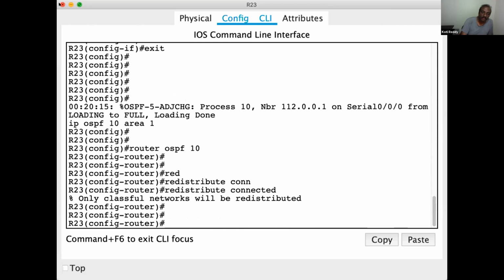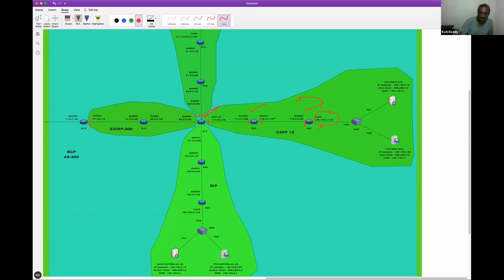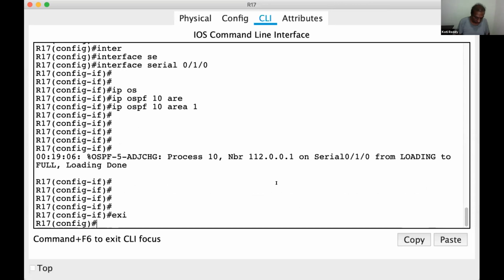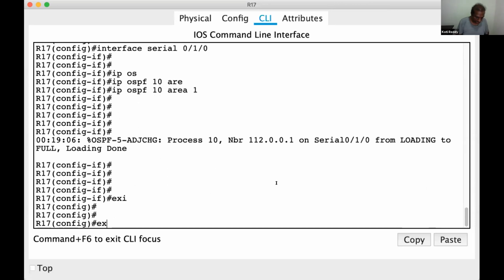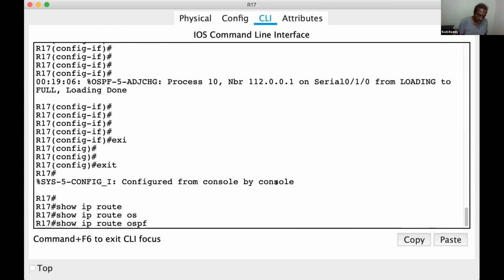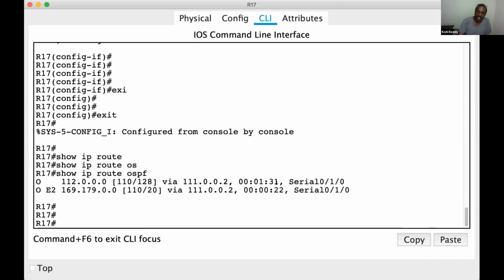Now once I do that, I should see these routes in the routing table. If I go to R17, I should see 112 network and also 169.179 network ID. I say exit, I say show IP route. I say OSPF. It shows that these two routes are there in the routing table.